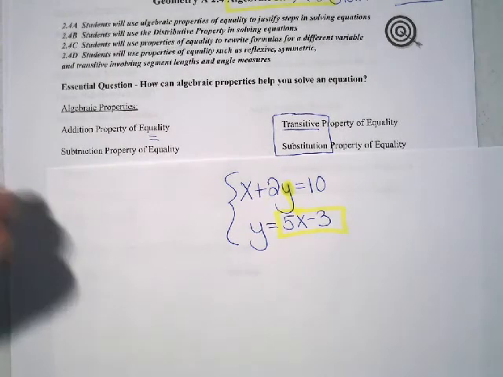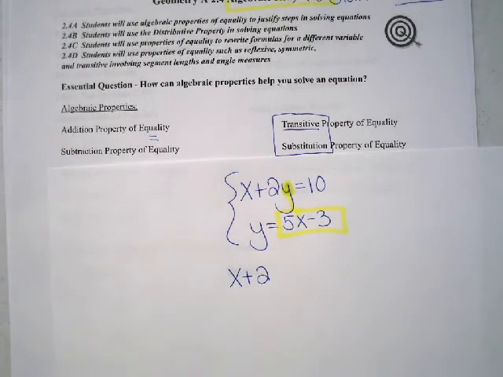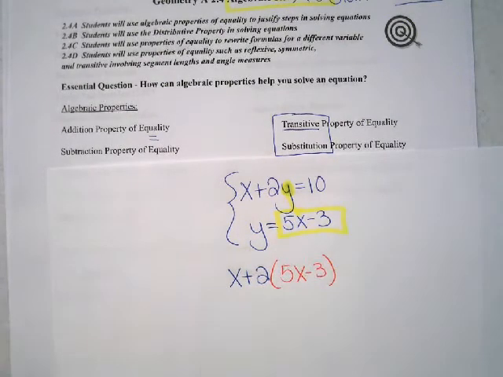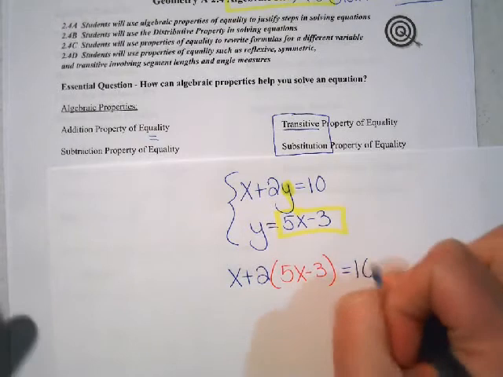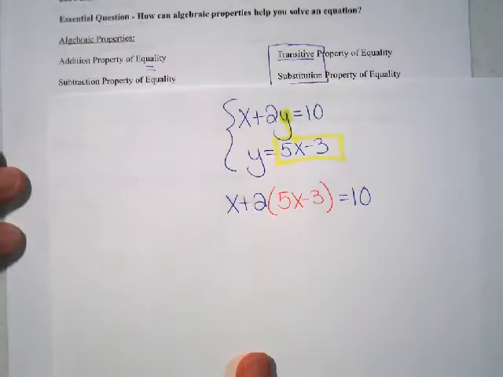So you would remove the y and you would replace it with 5x minus 3. So you would essentially be doing what we call substitution, okay? So that's how substitution works, is you remove something and you replace it with something of equal value, all right?